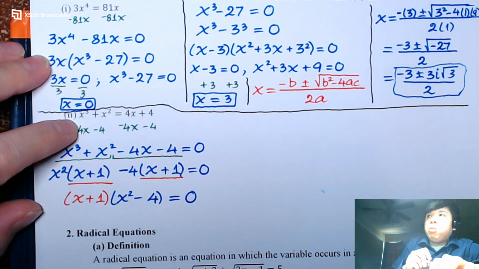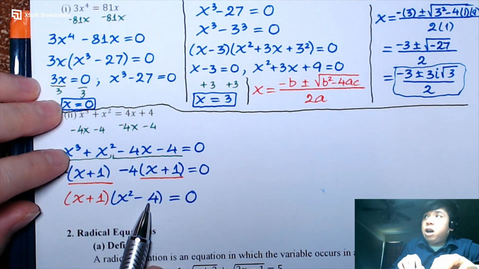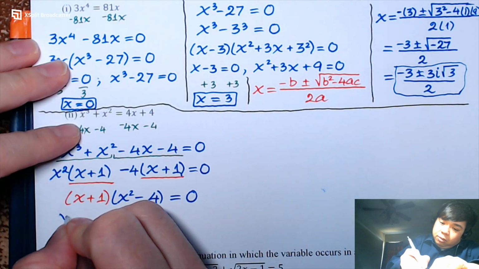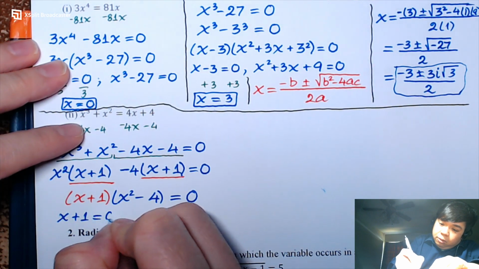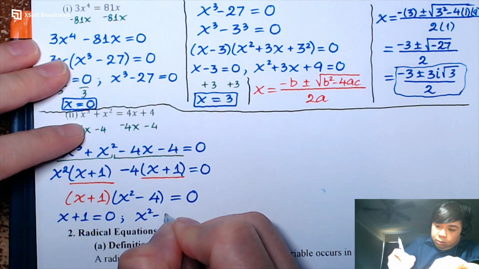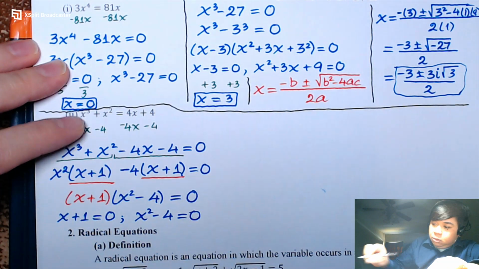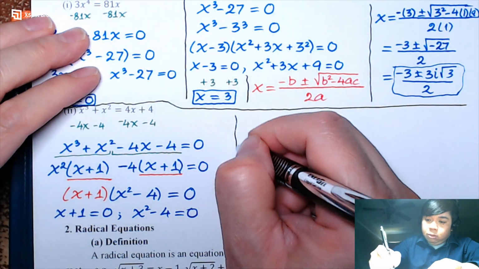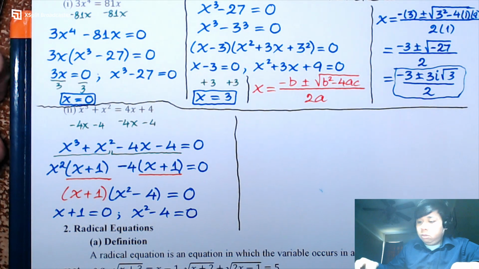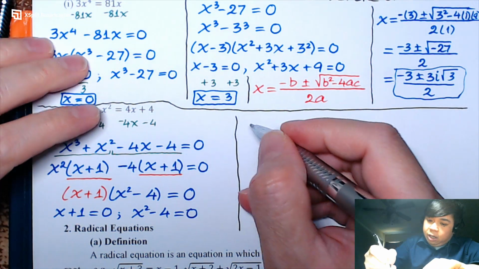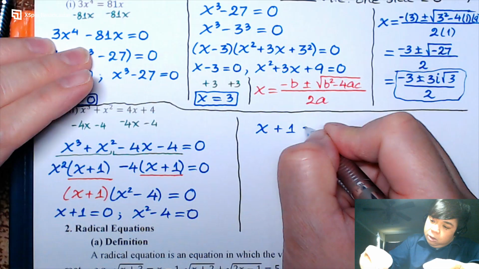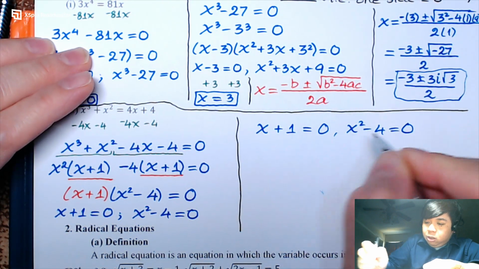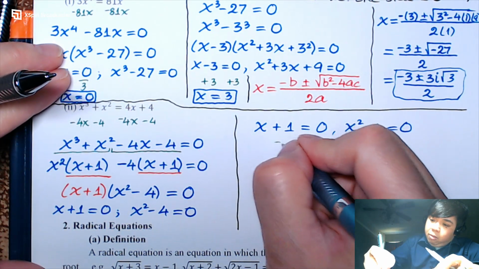Alright, zero product principle. We say this is 0 and that is 0. So let me write this again. X plus 1 is 0. X squared minus 4 is 0. Minus 1 on both sides.